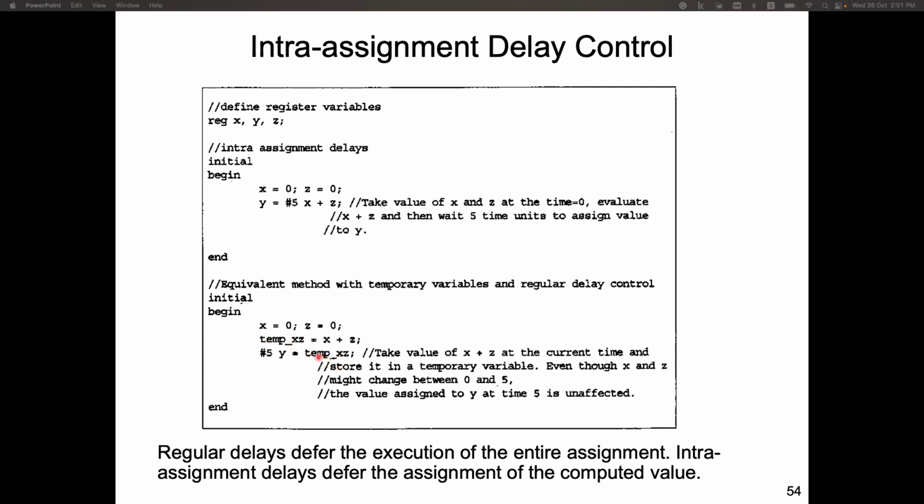Then after 10 units of time, assign this temporary value into y, even though x and y might change their value between time 0 and 5. You see the difference?